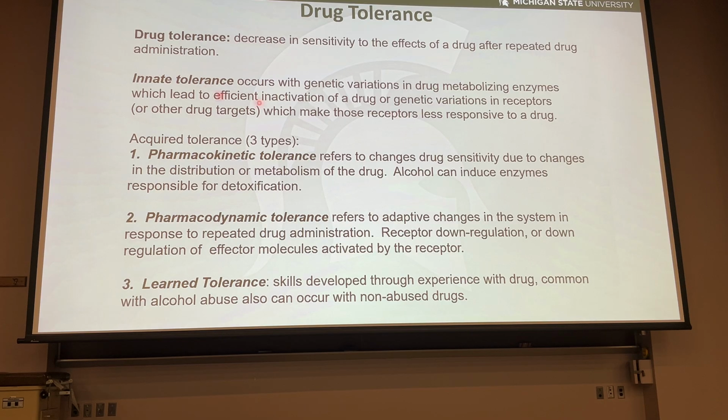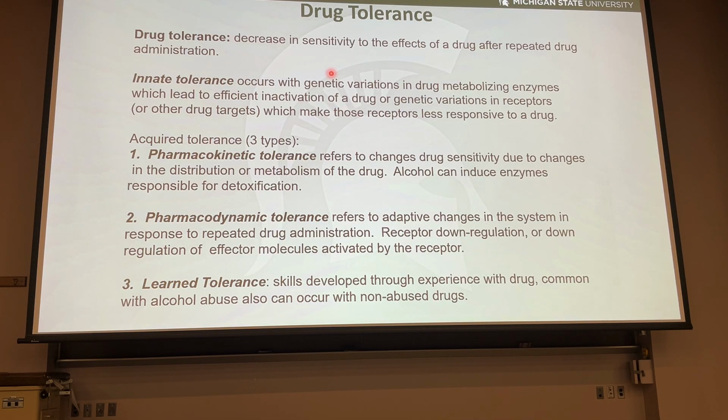Okay. So this decrease in sensitivity to a drug is tolerance, right? There's multiple types of tolerance. Innate tolerance is something that you just have, right? So as this lists, certain genetic variations in drug-metabolizing enzymes that make them more efficient in metabolizing that drug is an innate tolerance.